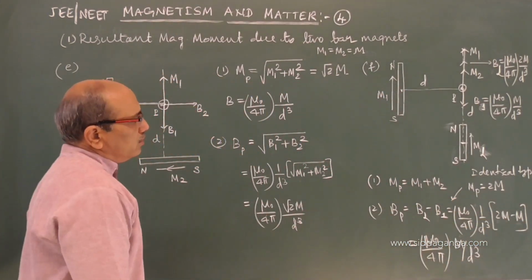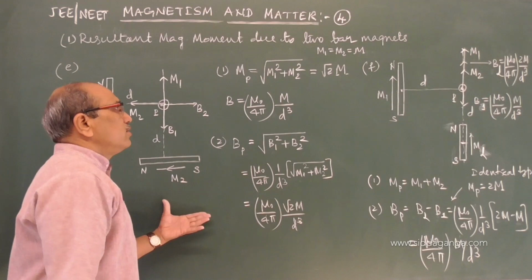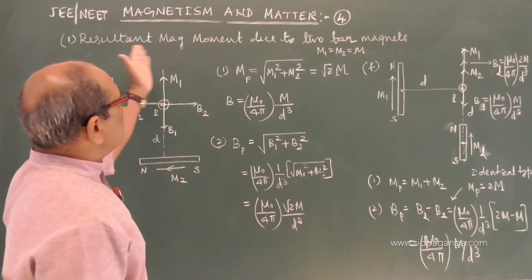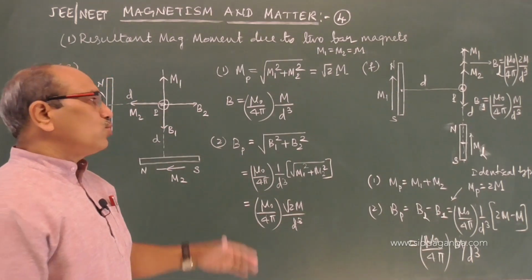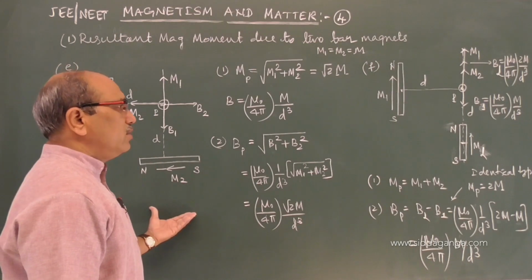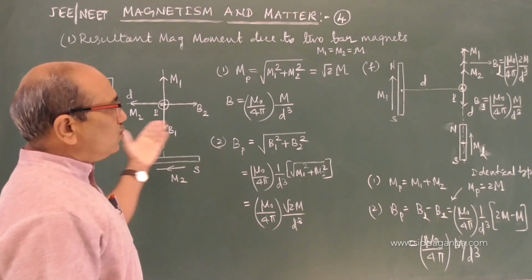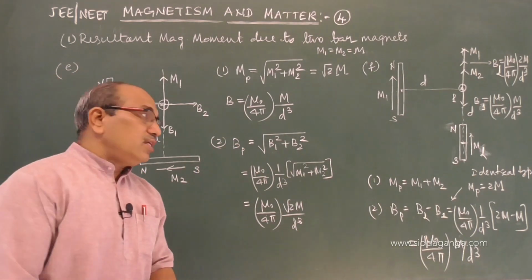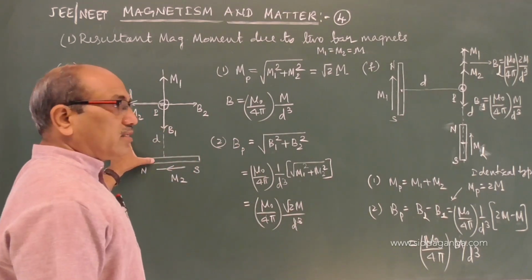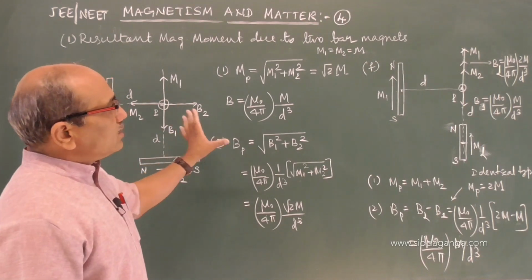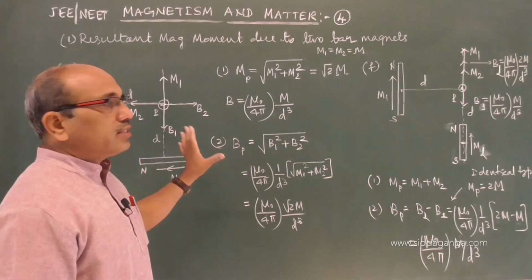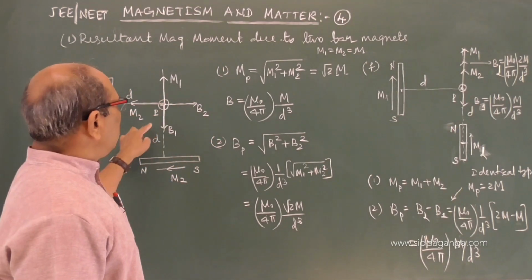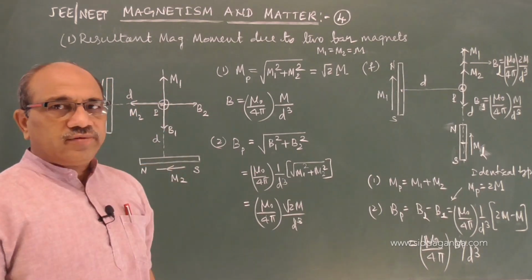So what we discussed in this case is the resultant magnetic moments, how to find them using vector algebra, and also the arrangement I showed, the two types of arrangements. Any type of arrangement may come other than this, but the concept behind it is that they are asking about the moments or the magnetic field.